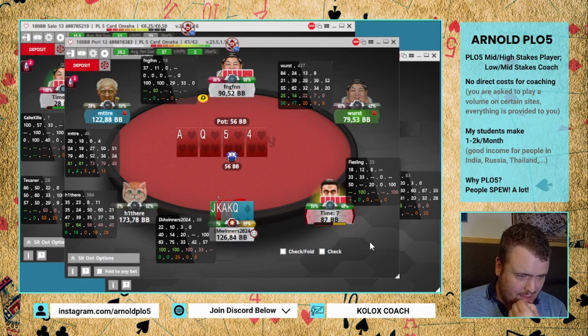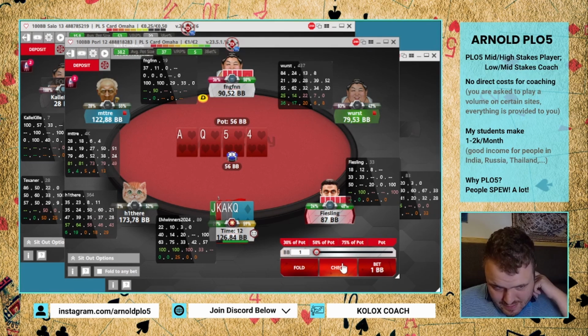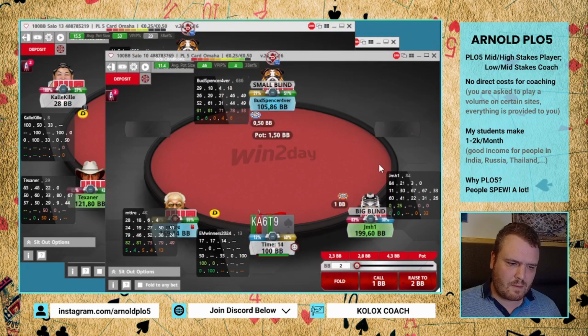He bets. Just, it's hard. Could be too nitty from me not to bet here with the nut flush blocker. King 10, 9, 6. Double suited pure, but not to the ace.